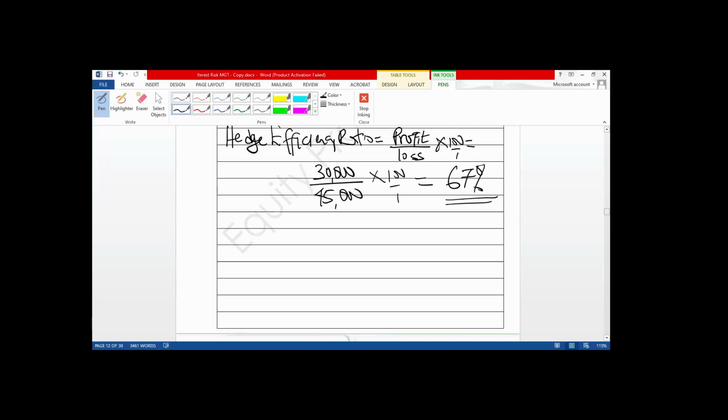For example, if you are not asked to calculate edge efficiency ratio, then you might not do profit or loss. You might not need absolute value. You can just use percentage only.